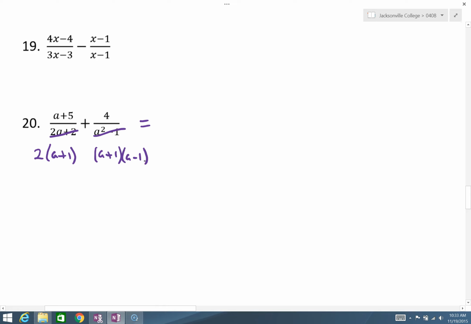I'm going to rewrite both of these fractions so we can work on them a little bit. First fraction is a plus 5 over 2 parentheses a plus 1. The next fraction is 4 over the product of a plus 1, a minus 1.